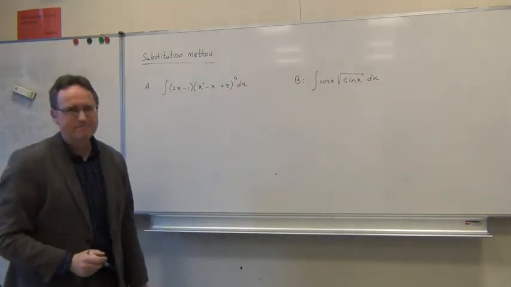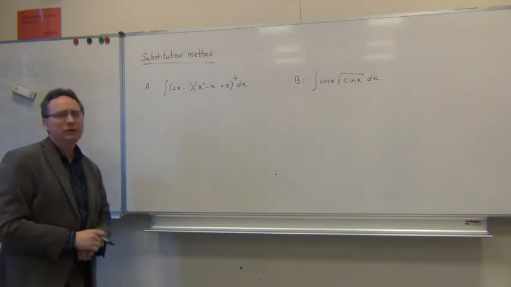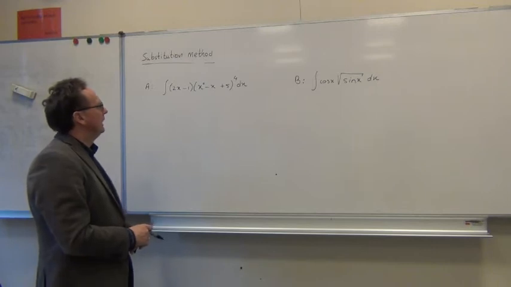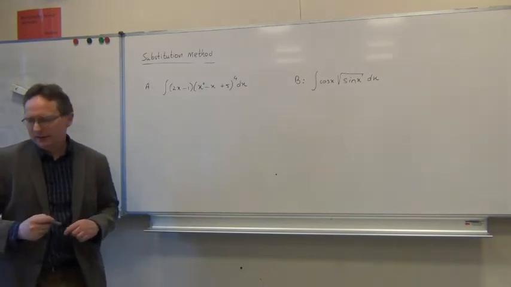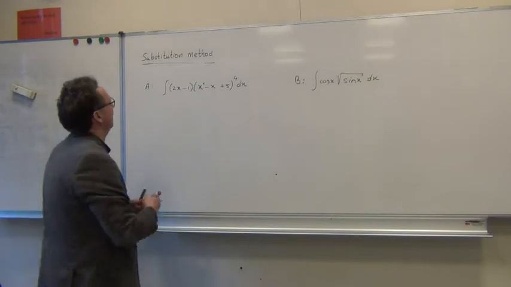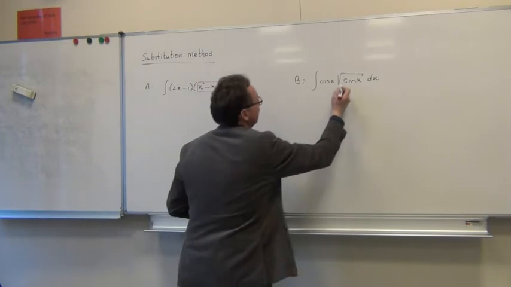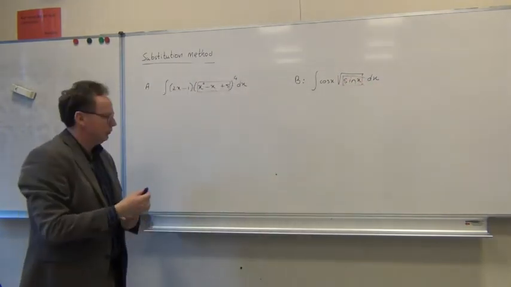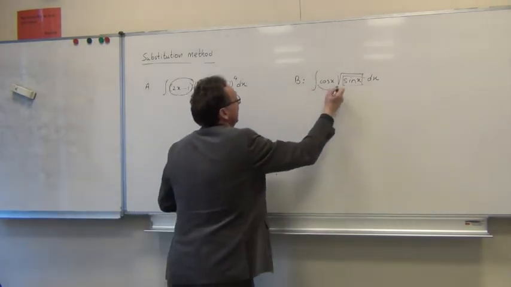Okay. Well, both are integrals. They look rather complicated at first, but they have something special in common, and that may be clear if I indicate these parts in red, and then in blue the 2x minus 1 and the cosine x.